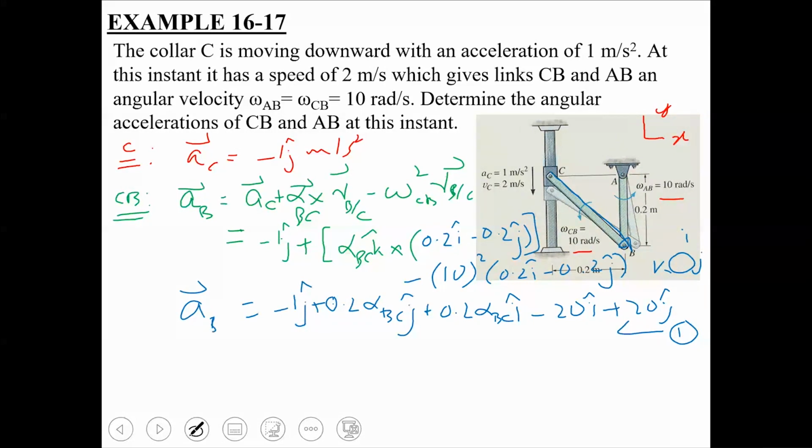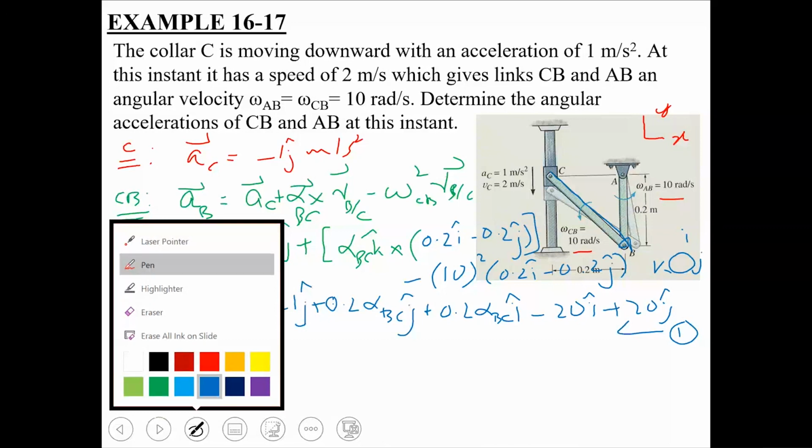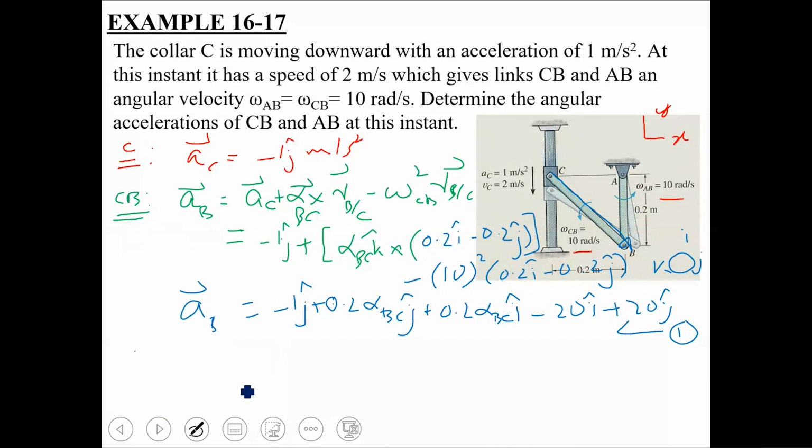Okay, now moving on to the next link, which is link AB. So in order to apply the acceleration equation, first of all, what type of motion is this link AB undergoing? Pure rotation about A. So, pure rotation about point A. So if we want to write the acceleration of point B with respect to this link AB, what should be the equation?